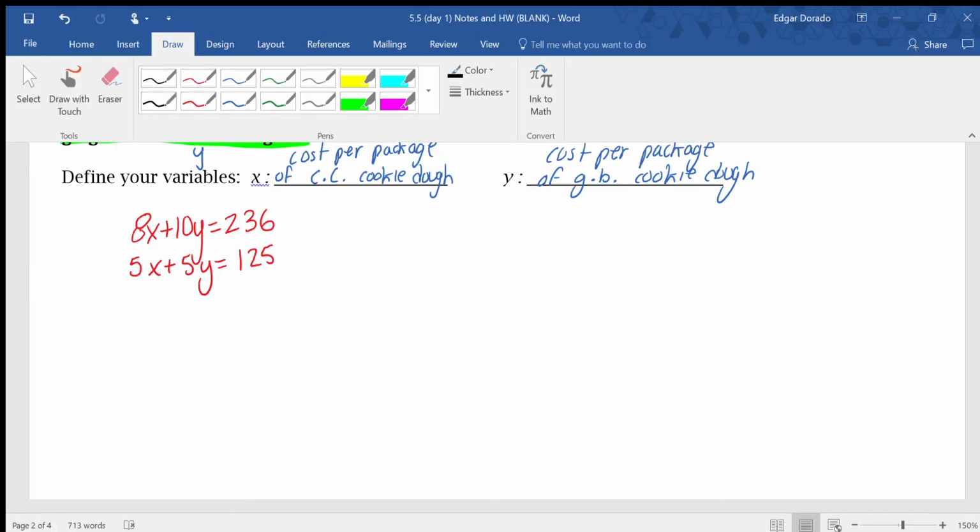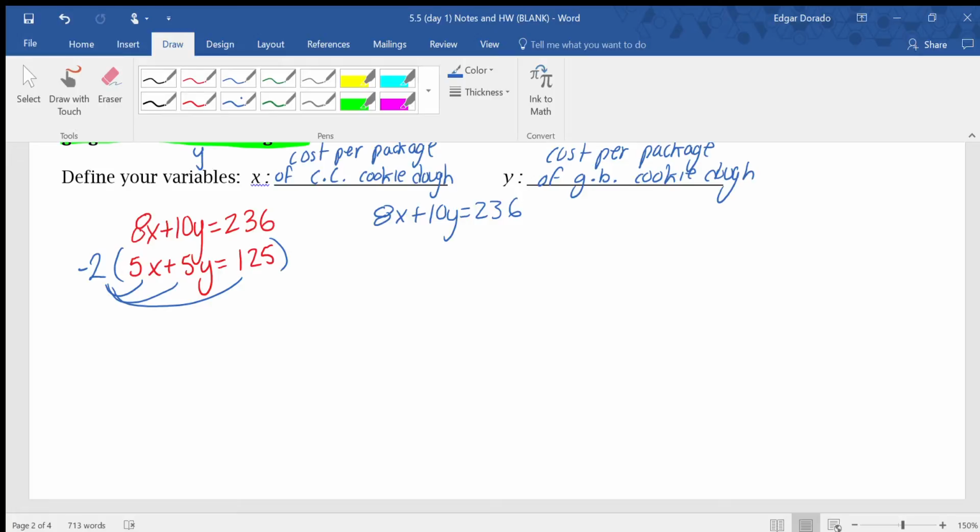So what I'm going to do here is multiply this whole bottom equation by 2, but I want the opposite of a positive 10, so it's going to be a negative 2. All right, so let's distribute that out and rewrite the equation.